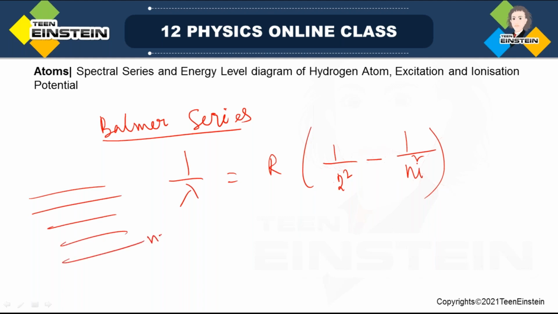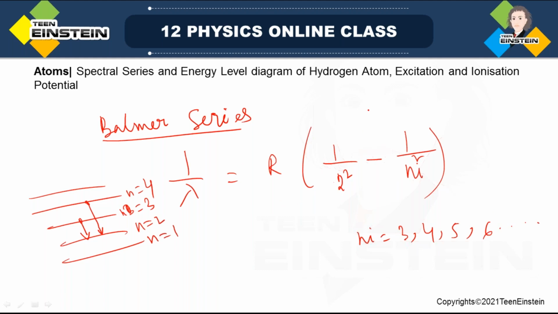If this is n equal to 1, n equal to 2, in the Balmer series you start getting lines from n equal to 3. If an electron makes a transition from 3, you will get the maximum wavelength. You get the minimum wavelength from infinity again. So here n initial can be 3, 4, 5, 6, etc.